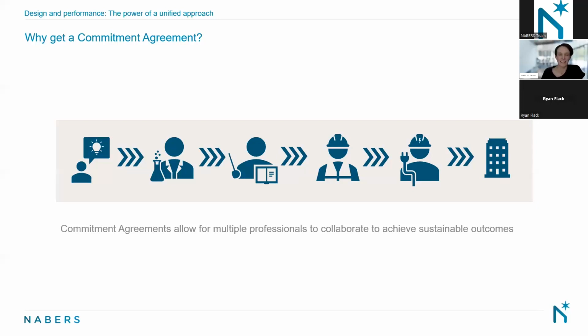So having a set target that's easy to communicate is a really effective way to make sure that everybody throughout that process knows that there is a target, that the target will be verified, and that they've got a role in helping to meet the target, and that it's quite obvious if they haven't done something and the target is missed. So it's just a really simple way to make sure that sustainability does stay as a key KPI throughout the process.